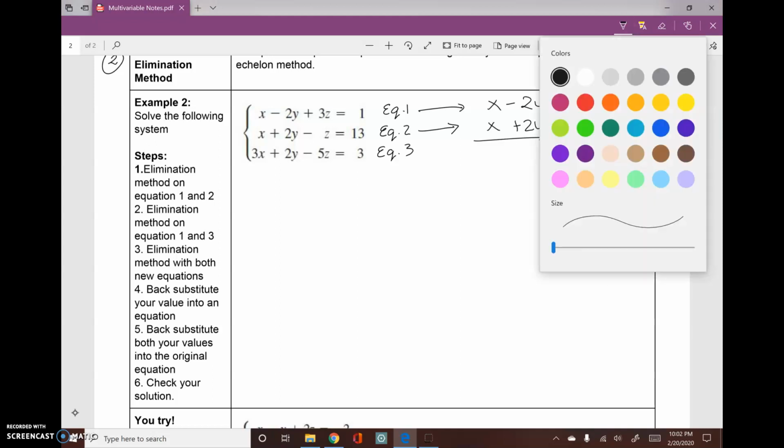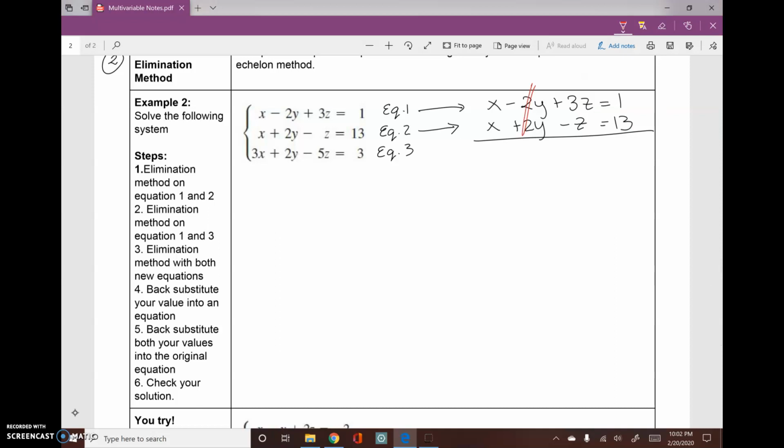So those cancel. I combine 2x, I combine 2z, equals 4. And then I will do the elimination method with equations 1 and 3. You can do 2 and 3, but 1 and 3 will be easier because equation 1 has that negative 2y, which would eliminate with the positive 2y from equation 3.